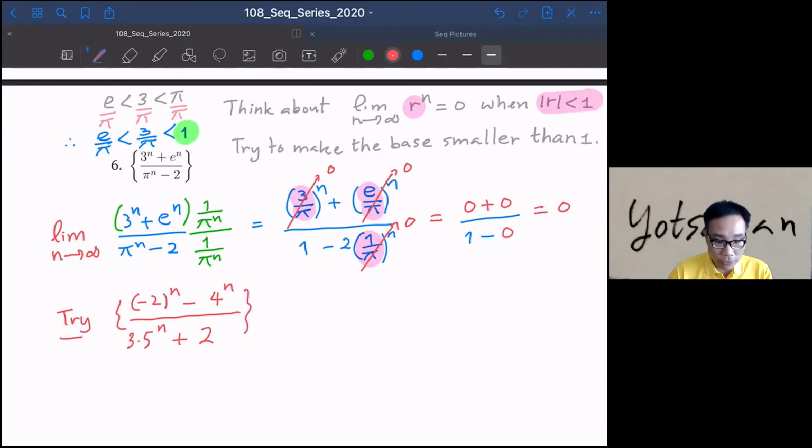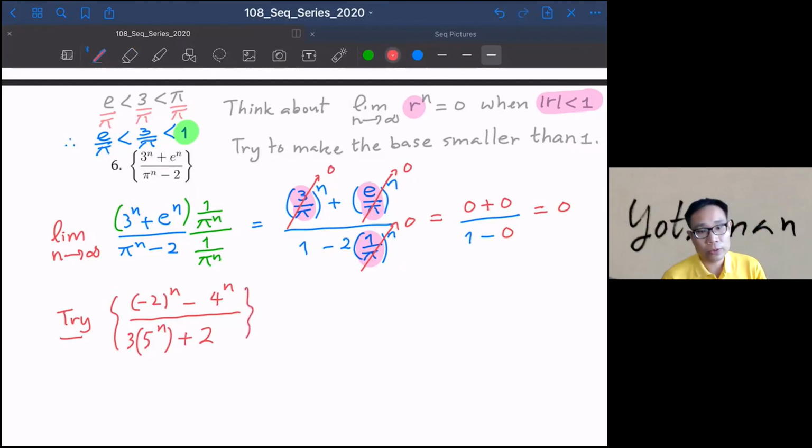Try this one and I will give you the solution during the recitation. Let me make this a little bit clearer.